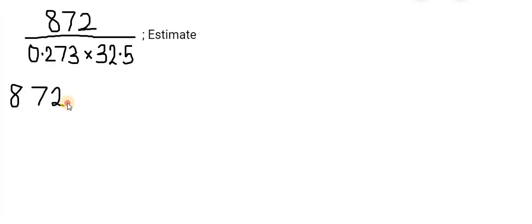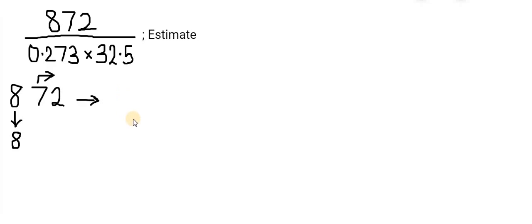872 to one significant figure first. 8 is the first significant figure, so we bring that down. We check the number after that, 7. If it's greater than 4, we add 1 to the previous number.